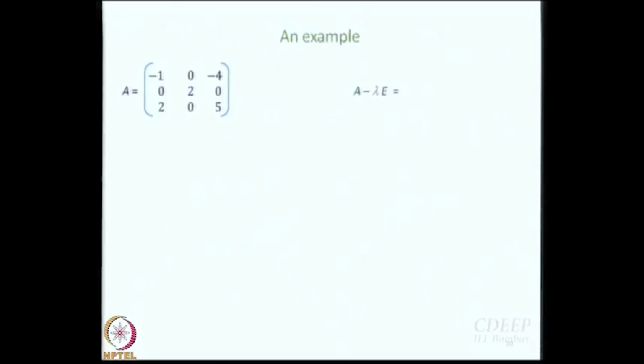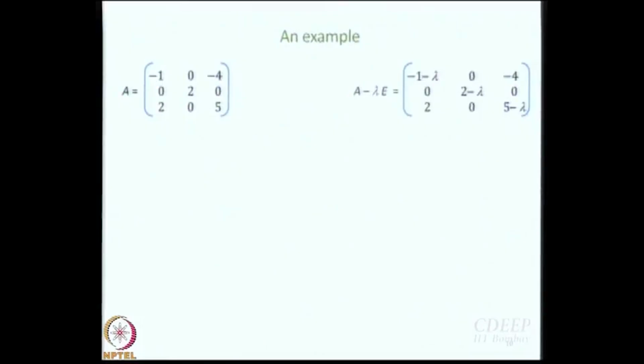First step would be to find A minus lambda E. Minus 1 minus lambda, then 0, minus 4, then 0, 2 minus lambda, 0, then 2, 0, 5 minus lambda. This is your A minus lambda E matrix.